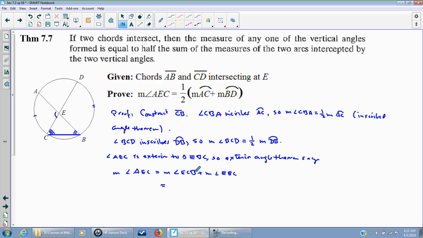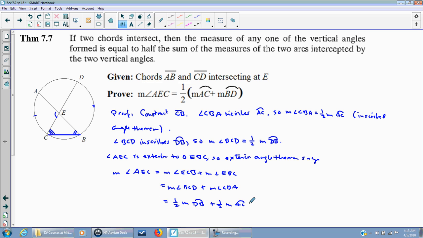Well, I've already got those two angles here. ECB is the same thing as angle BCD. Okay, ECB is the same as that. EBC is the same as CBA. So this is 1/2 the measure of arc DB plus 1/2 the measure of arc AC.